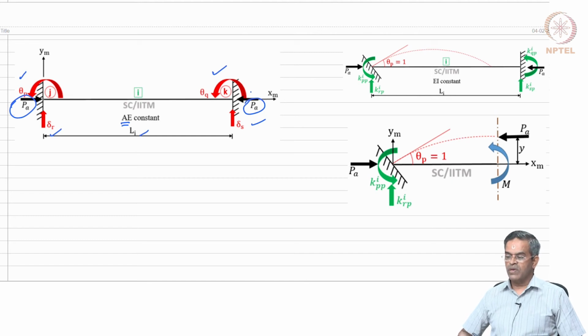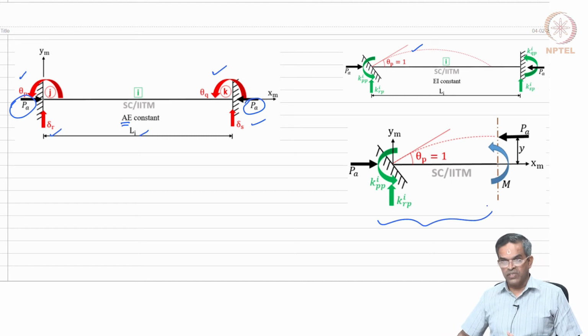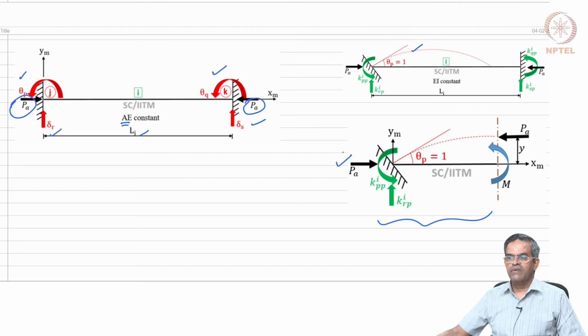We gave unit rotation at the jth end, then wrote the equation for the free body diagram at the displaced position in the presence of axial load. We started with axial compressive load, and we derived the rotation functions.